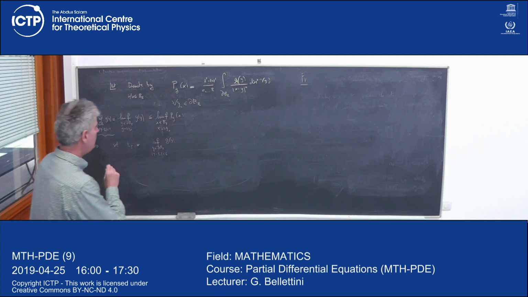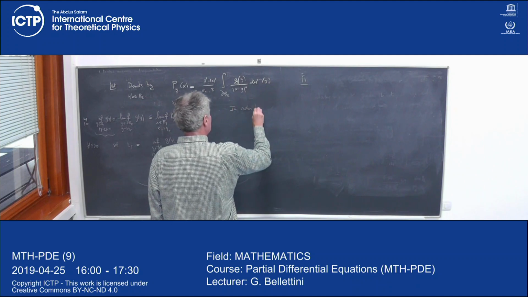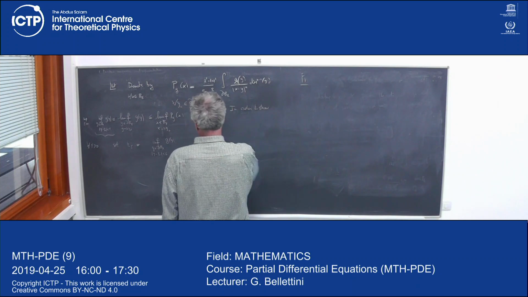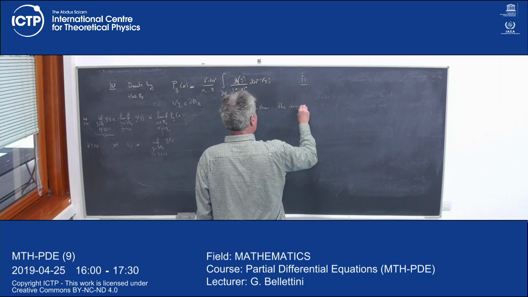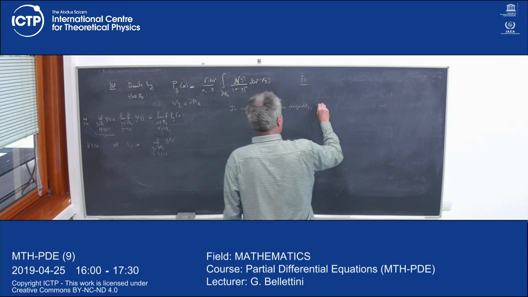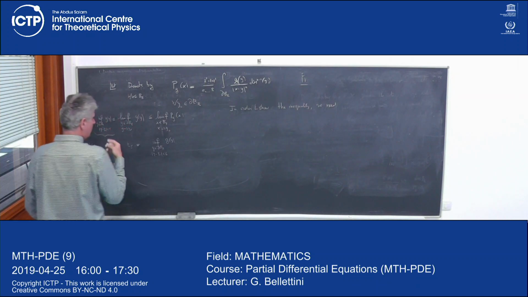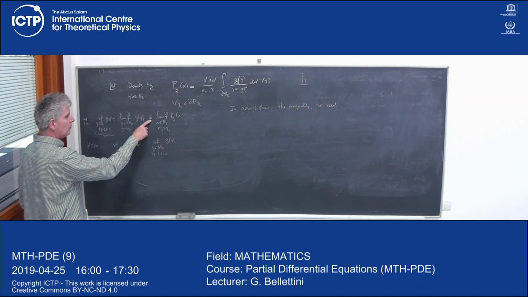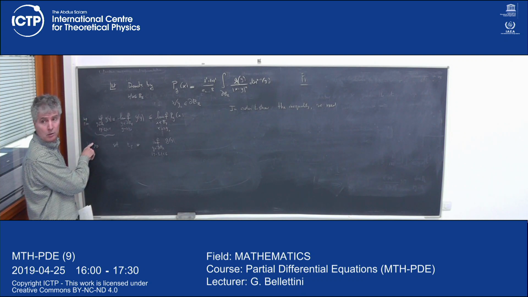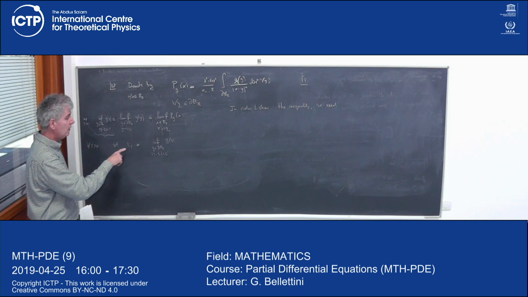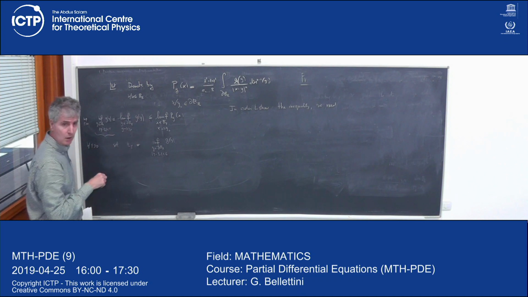So in order to show this inequality, we have to show that for any epsilon, this t epsilon is always less than or equal to this limit, because this is a sup over epsilon.